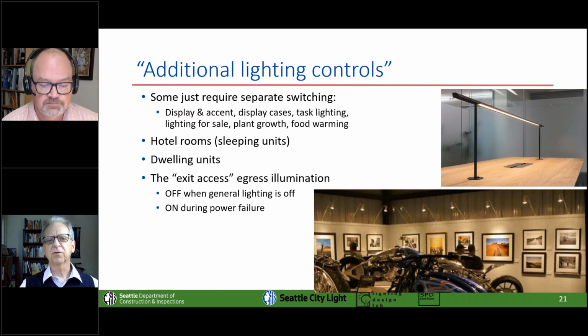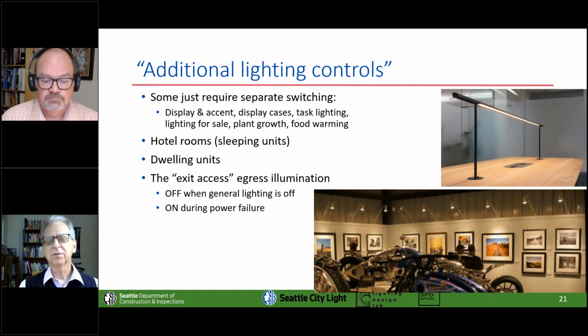And there are several, you see at that top bullet, the only additional lighting controls that they have to have separate switching from the main general lighting. And that's just so maintenance comes in to mop or something like that. They don't have to turn on all those display lights and so forth. Those would get controlled separately.